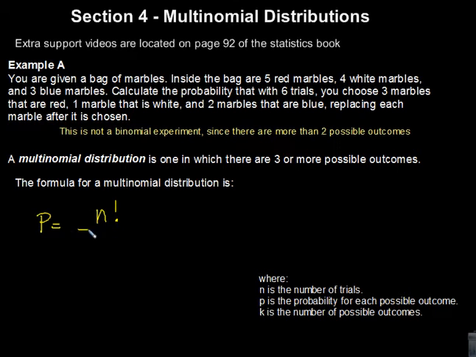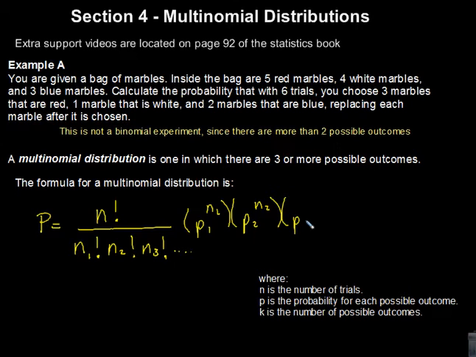We have our total number of experiments to the factorial times our individual results, etc., times our probabilities of the first to that individual result, probability of the second to that individual result, probability of the third, etc. Okay?